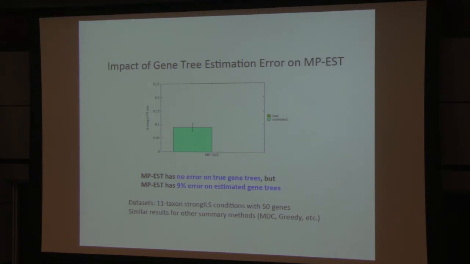So the first thing for you to notice is that all of this argument about statistical consistency assumes true gene trees, and you never get true gene trees. Has anyone here done any phylogeny estimation ever? No. It's the kind of thing where you never get perfectly true trees. You always have error. Even if it's only 5% or 10%, there's error. You don't get correct gene trees. There's always some error.